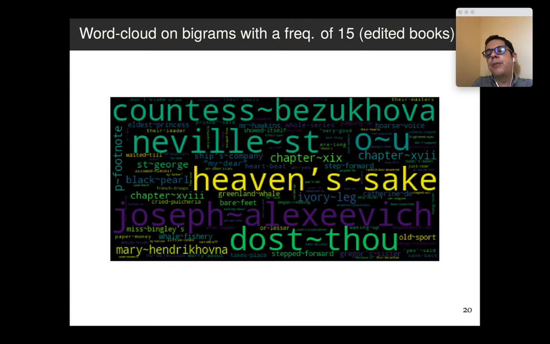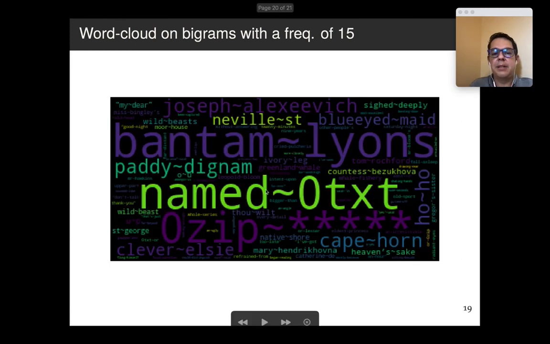But what if we edit the books a little bit, and we remove the header and the footer from all the books? The header and the footer are common to all the books, and that's why this name and this zip are appearing, because they are common to all of them, and there are only 20 books, so the frequency of these combinations is around 15, 16, and so on.